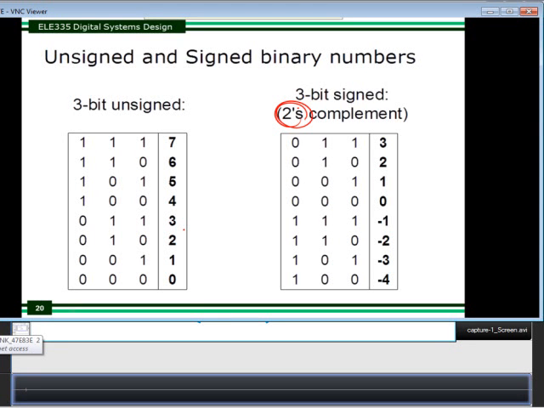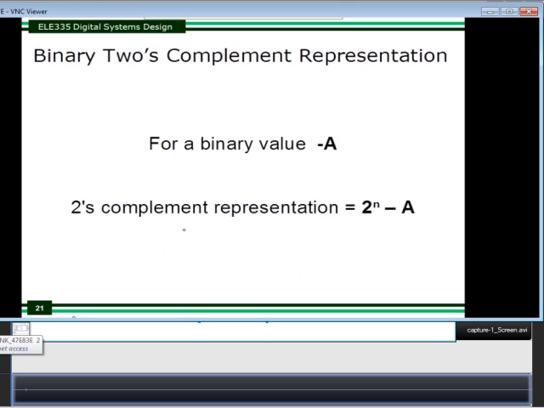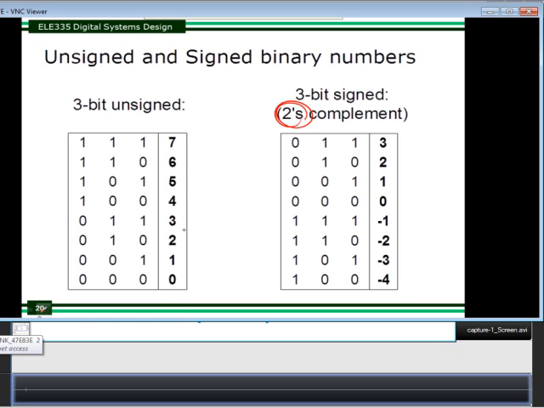Really? So I probably wouldn't be asking someone to do the next example then. You've really not done 2's complement in digital circuit design. Okay. So I'll slow down a bit then, because 2's complement is important.